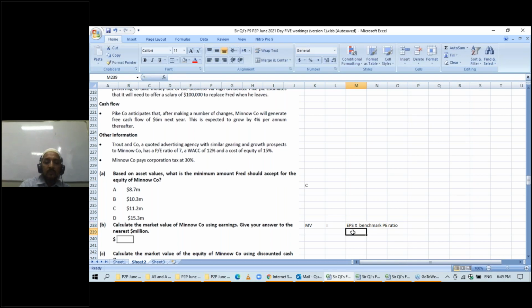Over here, they have not given you the market price per share. If they have not given you the market price of the share, then you can use net profit multiplied by the benchmark price earning ratio.